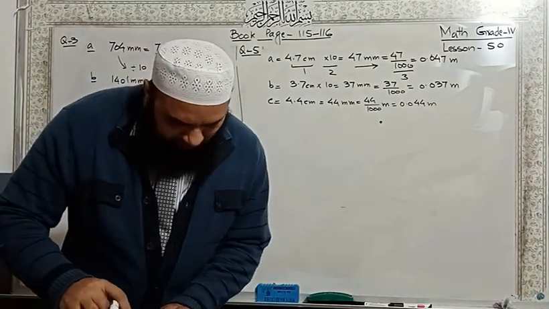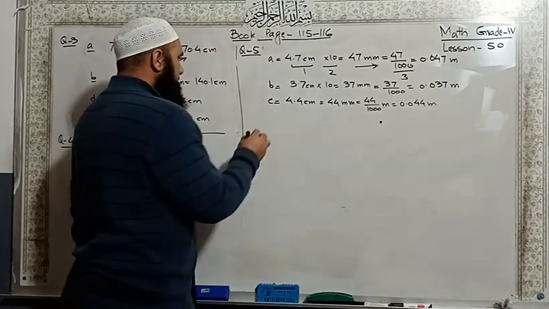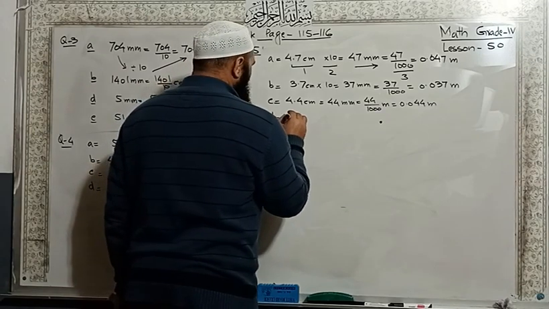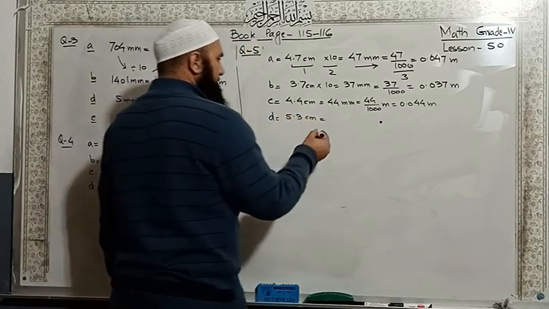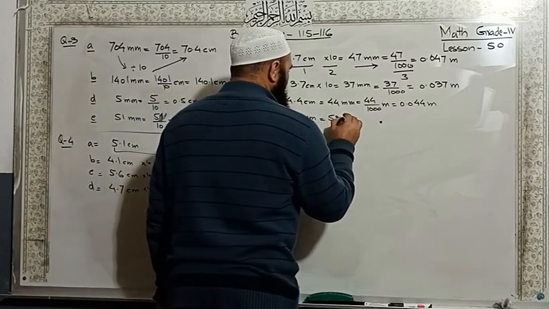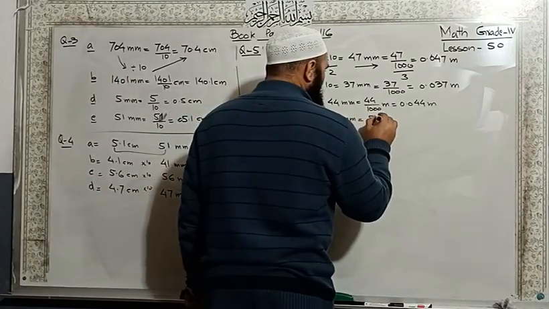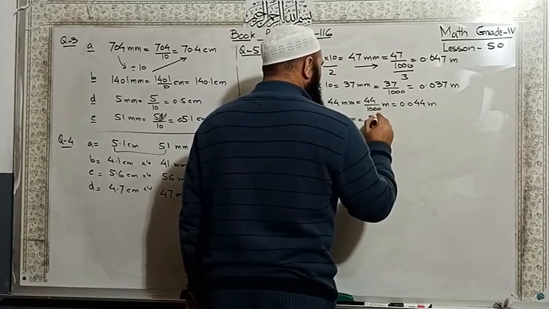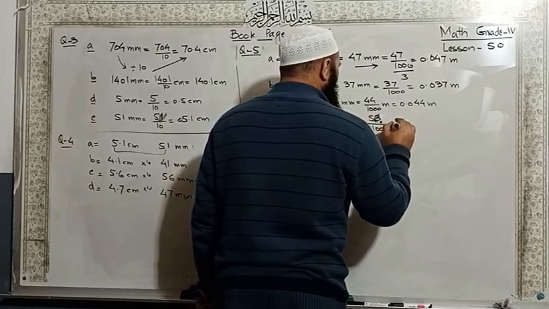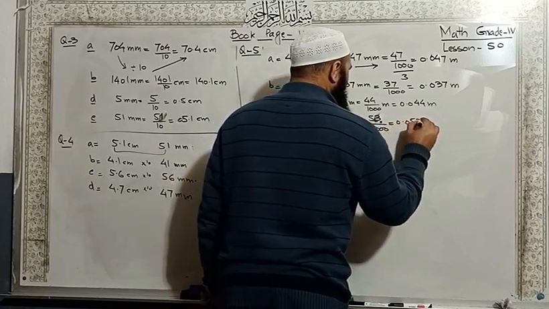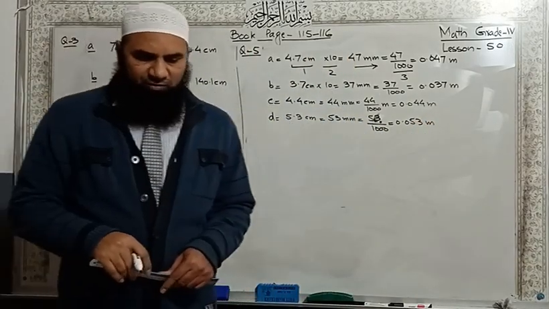Now measure the length of the line D. This is about 5.3 centimeters. Multiply this by 10 to change into millimeters. This will become 53 millimeters. Now 53 divided by 1000 will be equal to 0.053 meters. Okay, this was our question number 5.